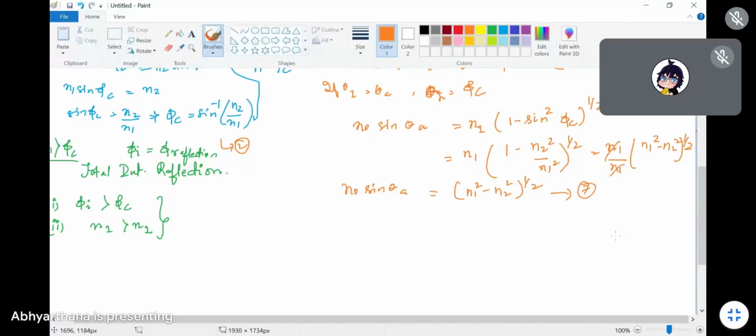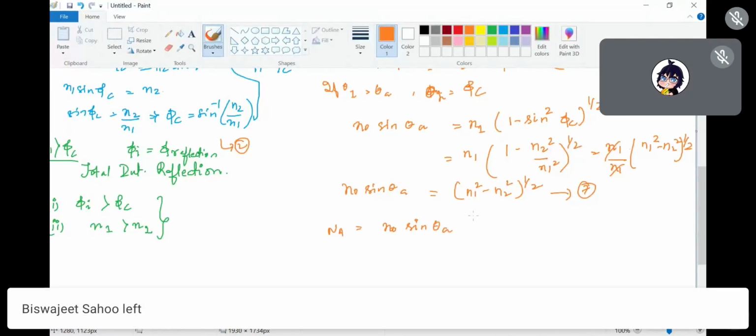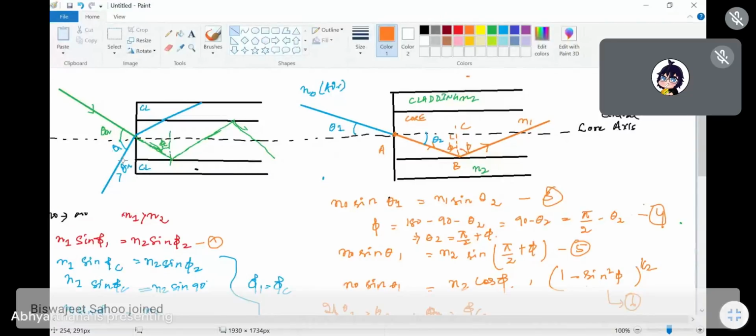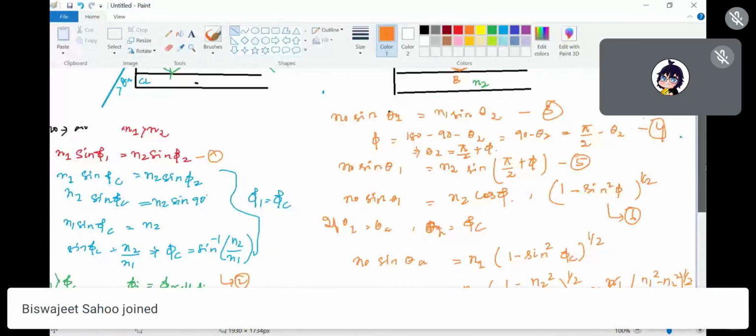Okay, that is, angle is only the acceptance angle. It's just the angle, okay, which gives a maximum propagation. But numerical aperture means the amount of acceptance, the total amount of acceptance that we define as numerical aperture. We define it as your n naught sine theta a. That means actually there is like a conical structure you kind of form over here. Okay, so it is a maximum acceptance over here.